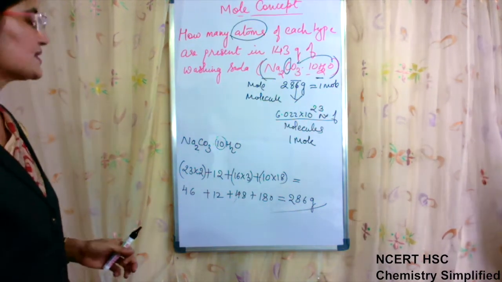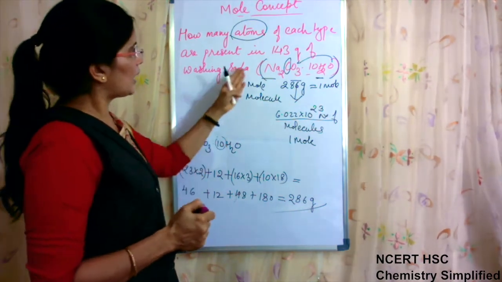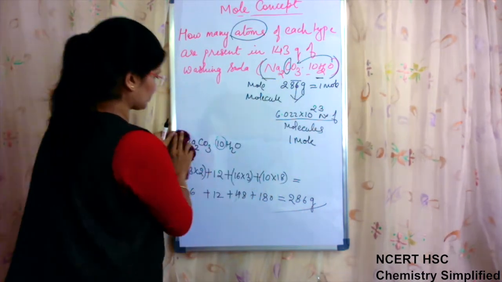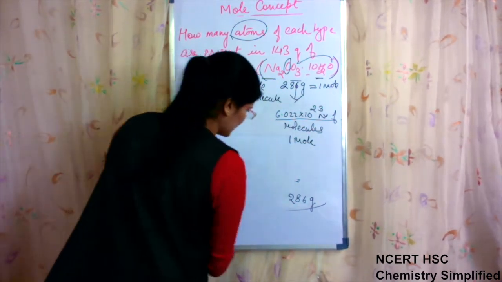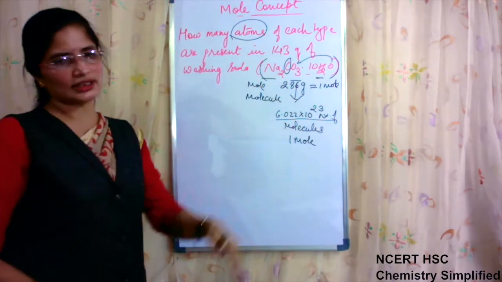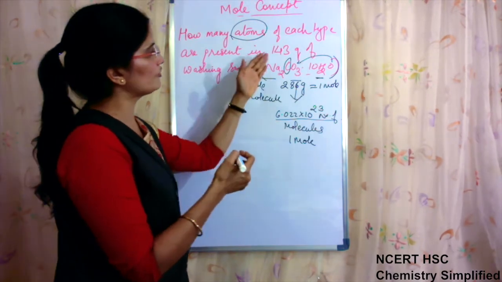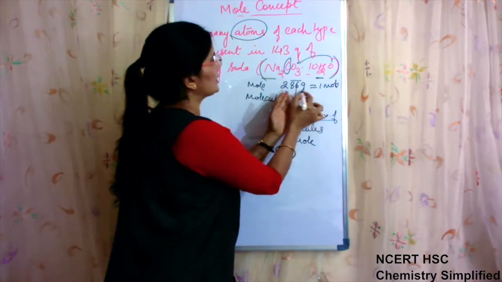Now they are not asking how many atoms of each are present in 286 grams. Suppose the question had been like this, that instead of 143 grams, they had asked how many atoms of each type are present in 286 grams.